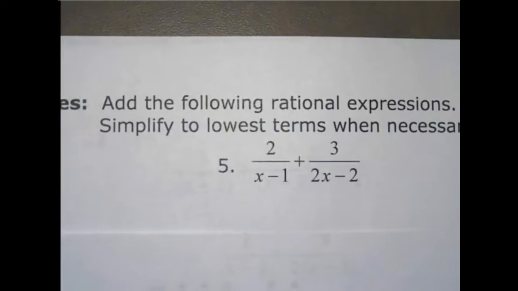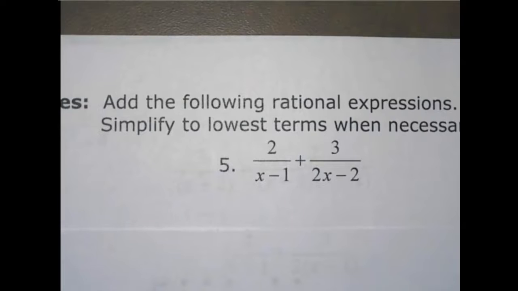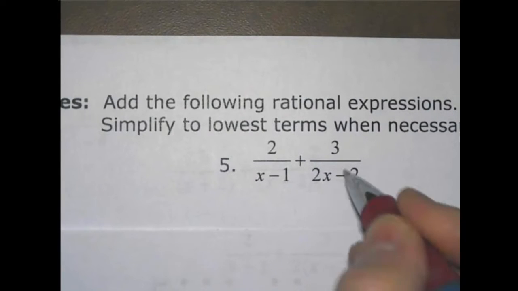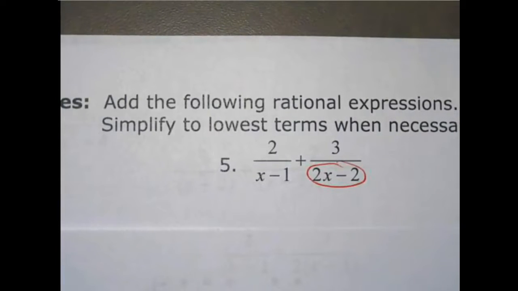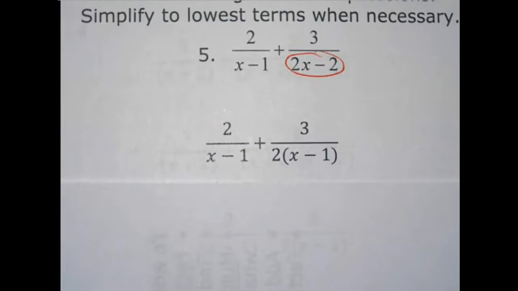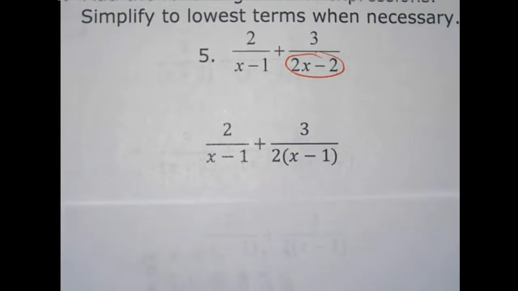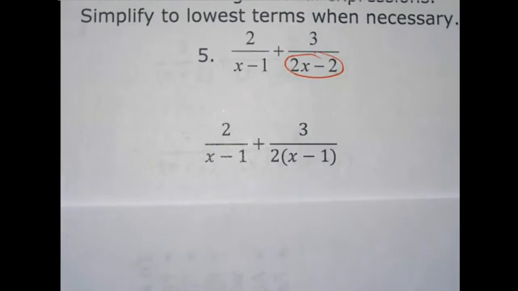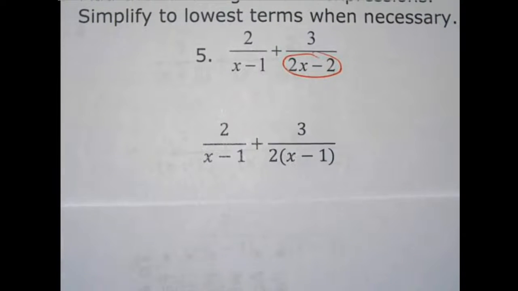So, looking at example number 5. Step number 1 is factor first. The first thing I'm going to do is factor a 2 out of that denominator. Okay, now it's factored. So now I look to see my common denominator.